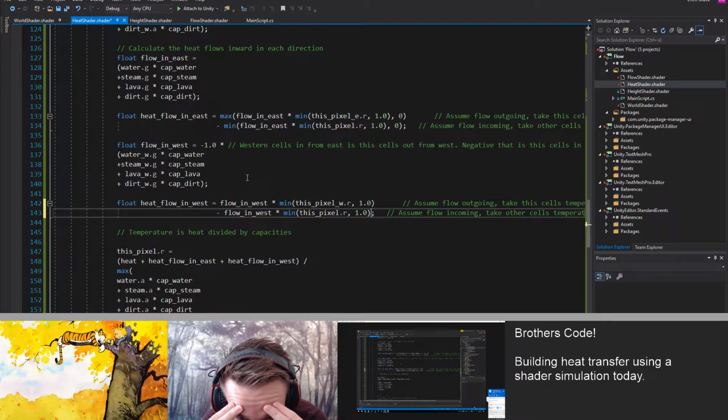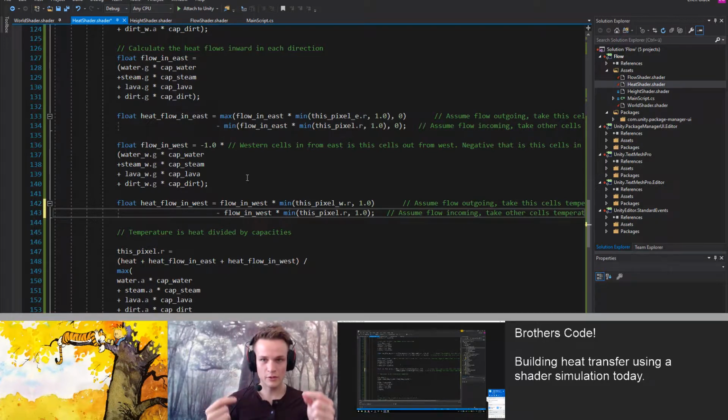So you still want, when the heat flows in from somewhere else, to be using its heat. Oh, so we have to have a double switch. Yeah, you need the value to still be negative. So okay, here's the trick.